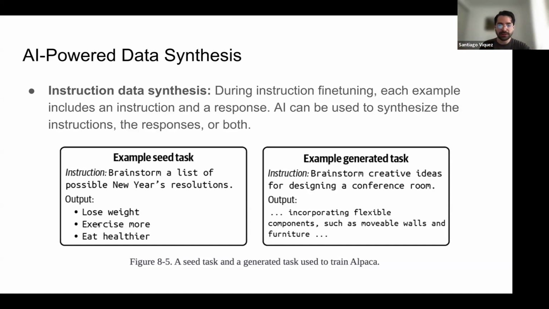Let's say you have 10 of these seeds, and from each of those you ask the model to generate 10. So you end up with 100 generated tasks.